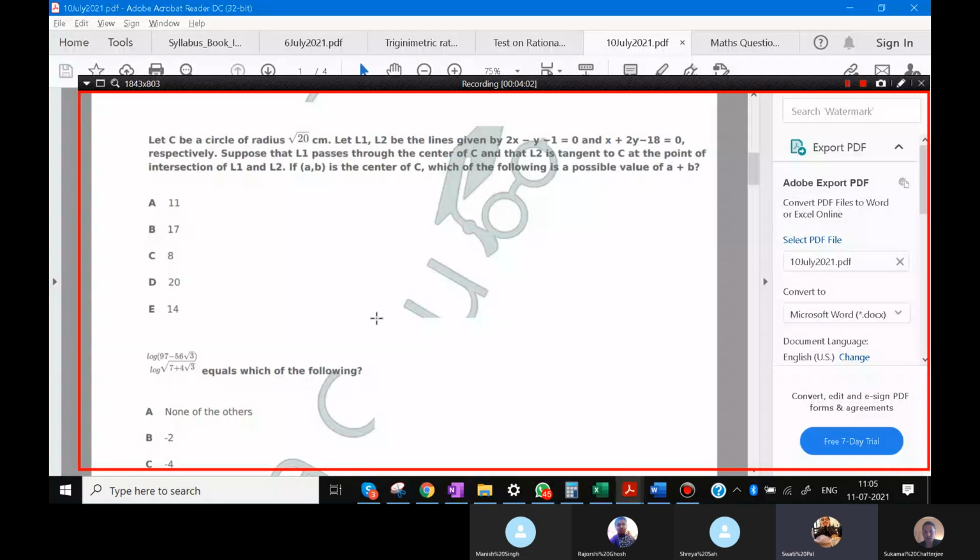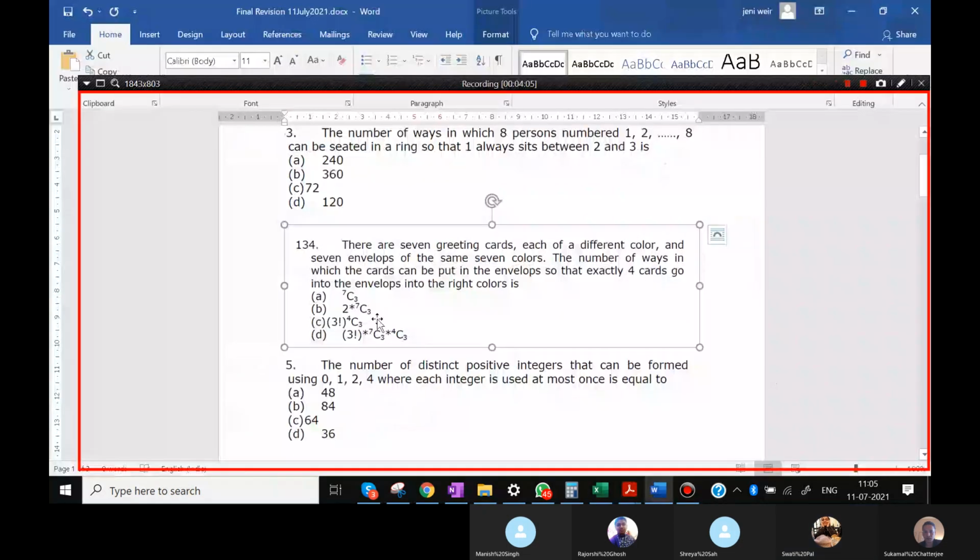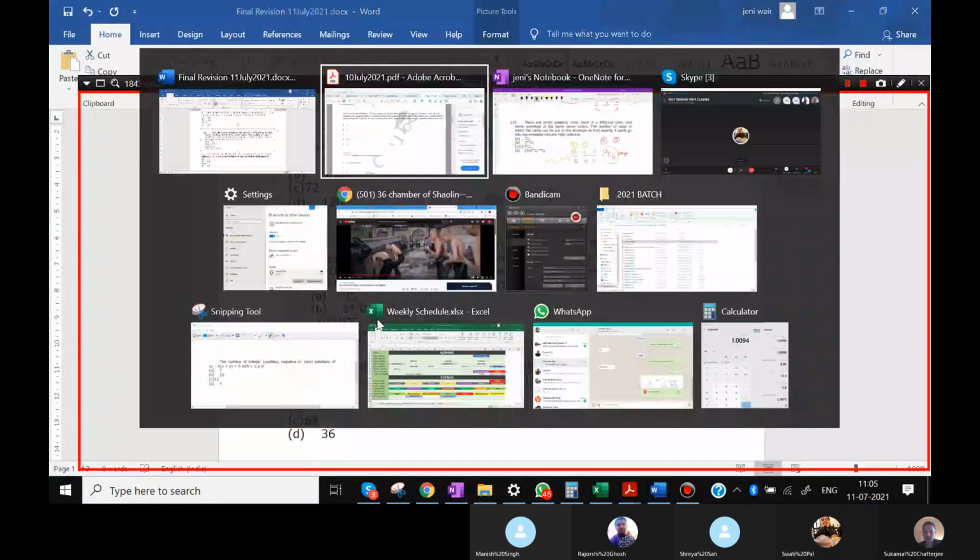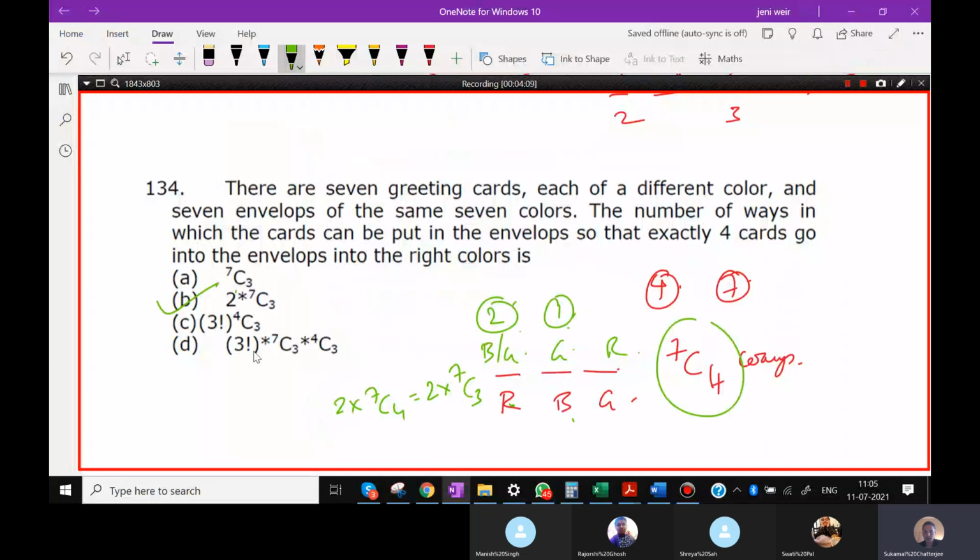Sir, please explain the selection again. Okay. So there are 7 envelopes and 7 cards, right? And the cards are C1, C2, C3, C4, C5, C6, and C7. Out of this, exactly 4 cards go into the correct envelopes.